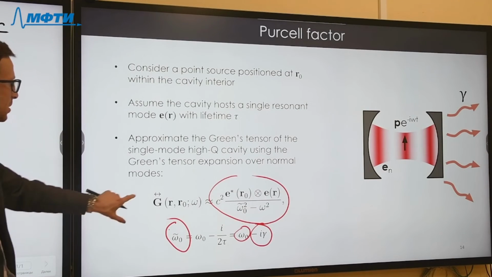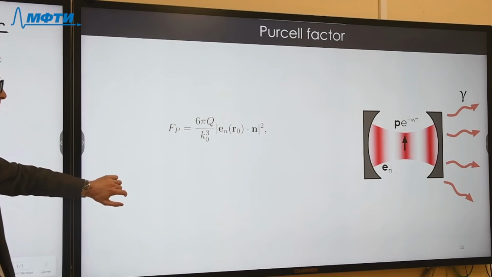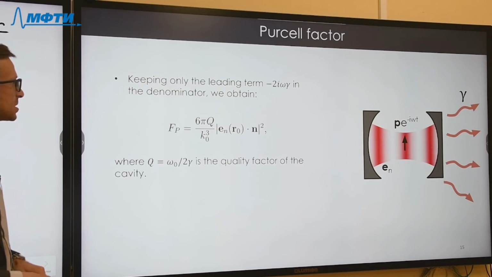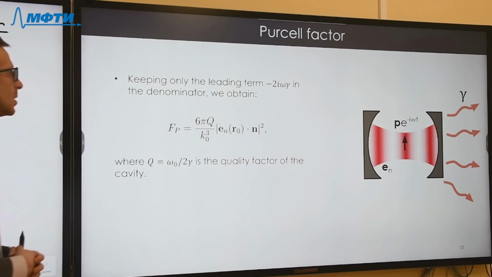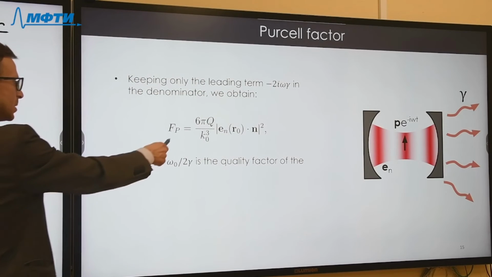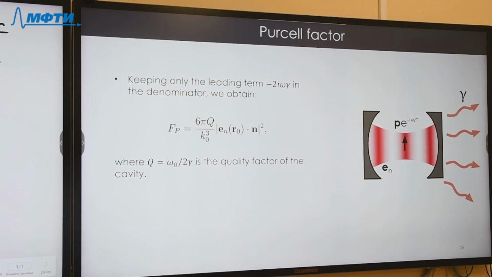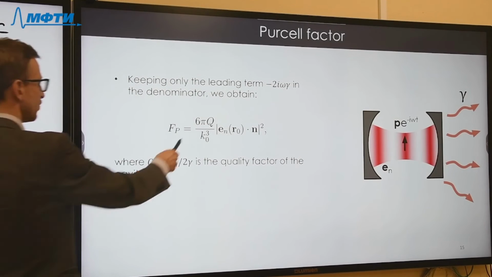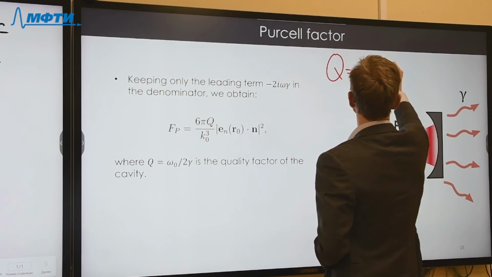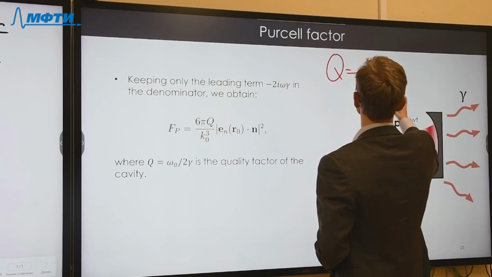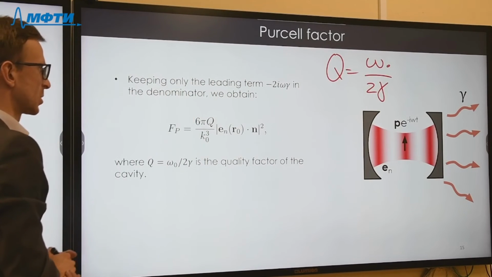So let us plug that into the expression for the Purcell factor. If we do this, and keep only the leading term in the denominator, we obtain the following very simple expression, which contains the Q factor of the resonator, where Q is omega naught divided by 2 gamma. This is the quality factor of our single mode cavity.